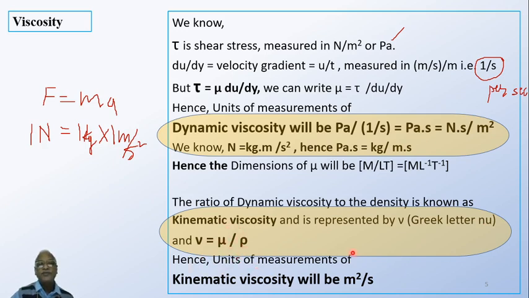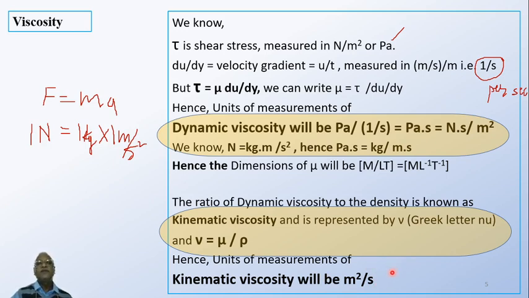Hence, units of measurement of kinematic viscosity will be, you know that mu is Pascal second, which is kg per meter second, and rho is kg per meter cube. If you simplify, the units for kinematic viscosity are meter square per second.